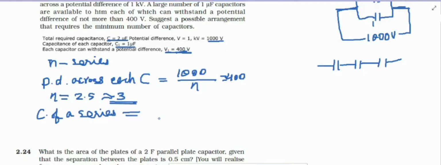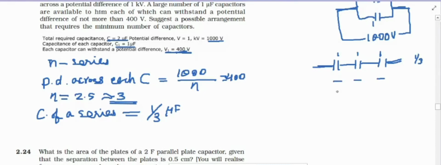So you will get 1 by Cs is equal to 3 by C, or Cs is equal to 1 divided by 3 microfarad, the capacitance of one series. So we have 3 one-microfarad capacitors, and the effective capacitance of this particular series will be 1 by 3 microfarad.